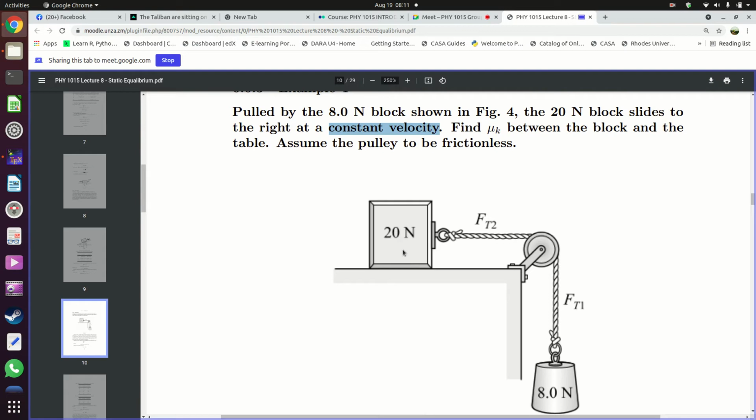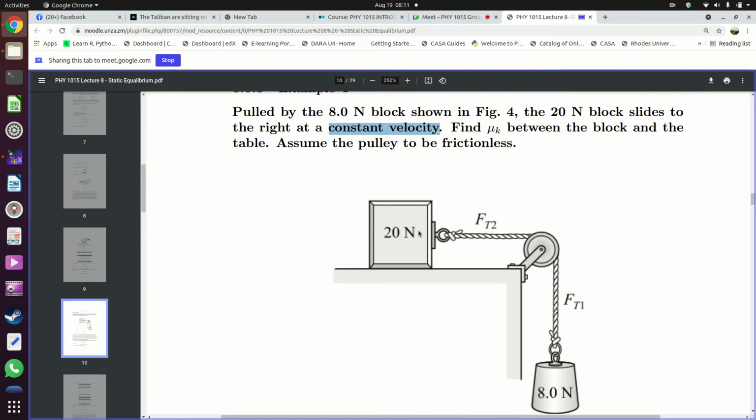The other thing is, of course, that this object is being pulled by this rope, and the tension in this rope is Ft2. So this object is moving in this direction because it's being pulled by the rope. When this object is moving in this direction, there is going to be opposition, so there's going to be friction pointing in the opposite direction, this side.